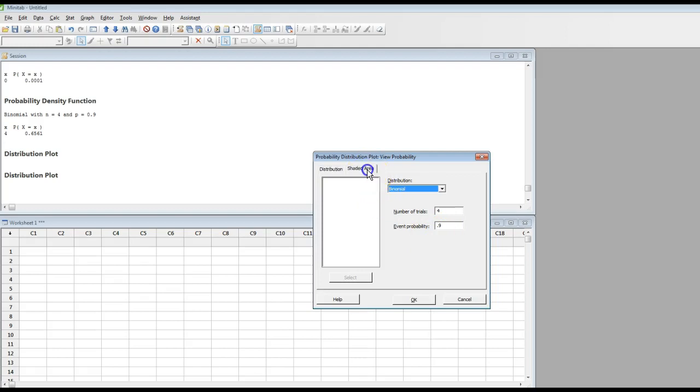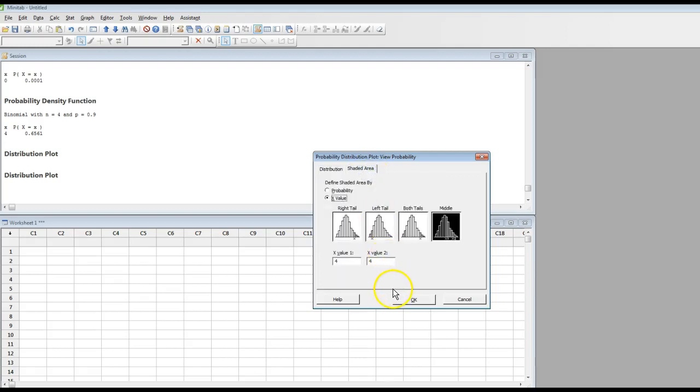Now with the shaded area, we're looking for greater than 2. Greater than 2 is the same thing as saying greater than or equal to 3, because the opposite of greater than is less than or equal to.